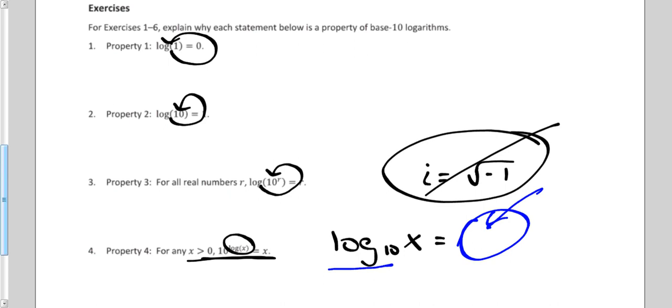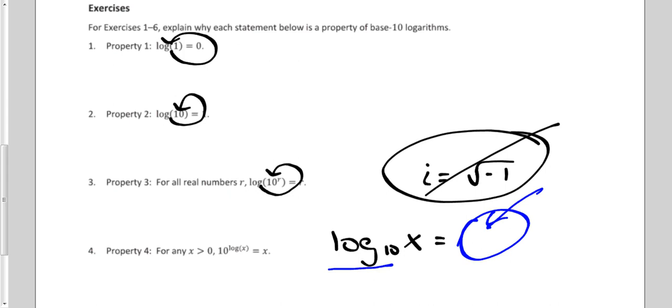I'm trying to give you that explanation because you're going to see this a lot, and you need to be prepared to translate this. So again, log base 10 of x equals some number, right? Now think about this. I'm taking 10 to whatever this power is. What am I going to get? 10 to some power gets me x.